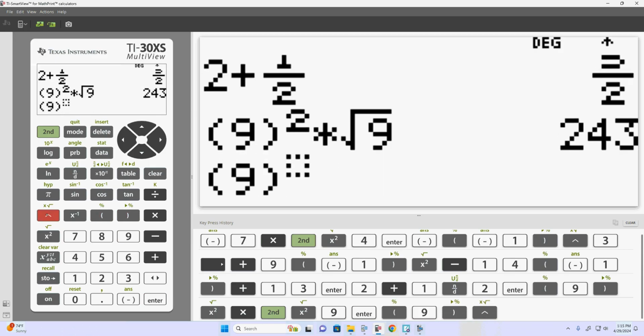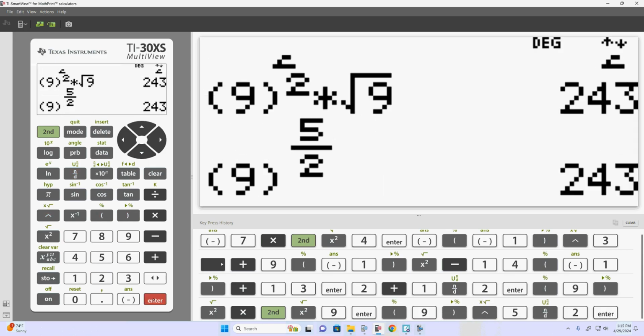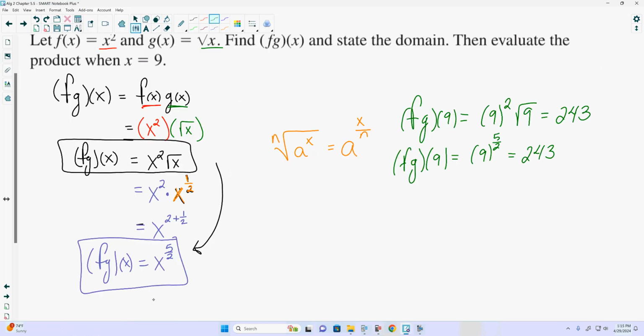So 9 to the 5/2 is 243. They are the exact same. Questions on these here? We ready for the next one?